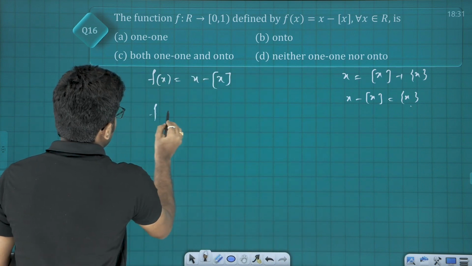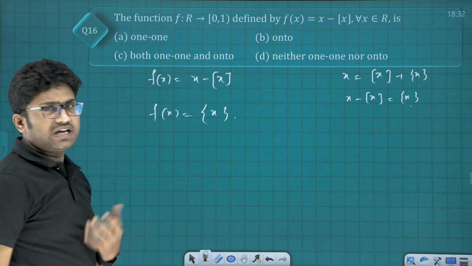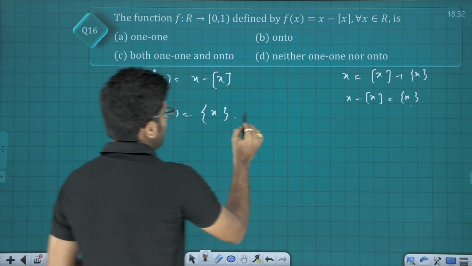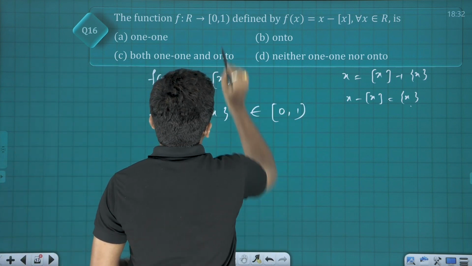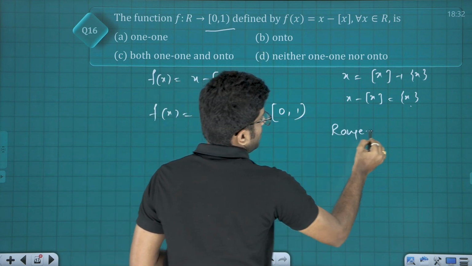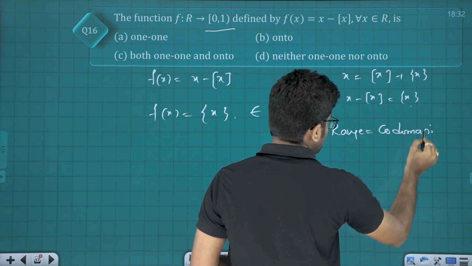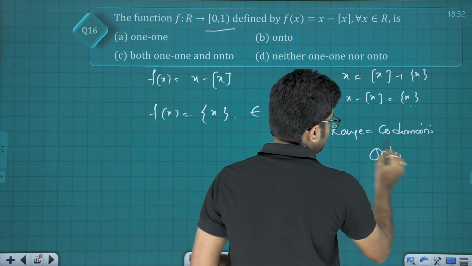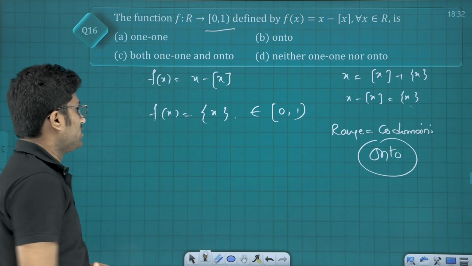That means f of x is equal to the fractional part of x. Clearly, the range of the fractional part of x always belongs to closed 0 to 1. So range is equal to codomain that they have given. So for sure it is onto. This is the conclusion that we can say.